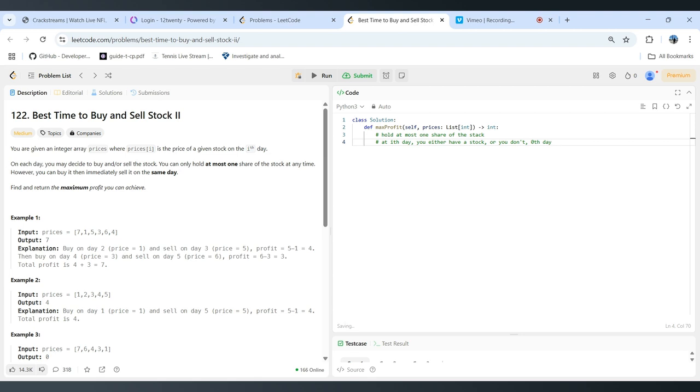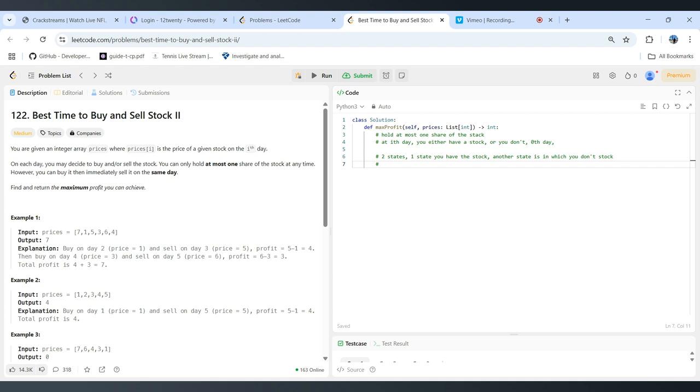And if you already hold a stock, you can't buy it again, right? So this immediately tells me that there are only two states a customer can be in. One state is in which you have the stock, and another state is in which you don't have the stock.